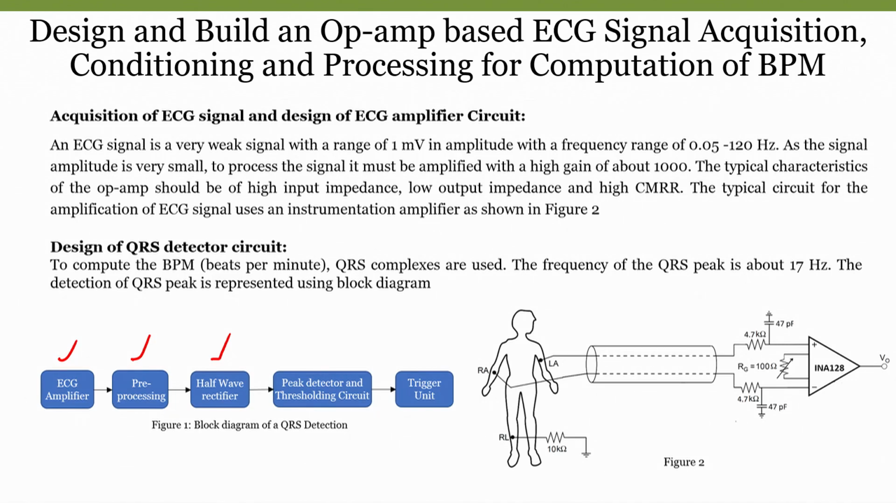Half wave rectification using op amps. If you remember, in case of any rectification, the first and important active element that we take is nothing but our diodes. Diode plays a major role. Diode plays an active role even in our conversion from AC to DC.